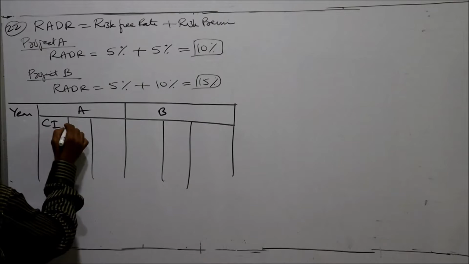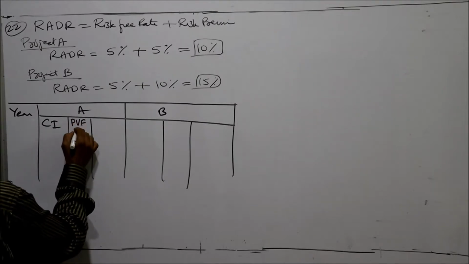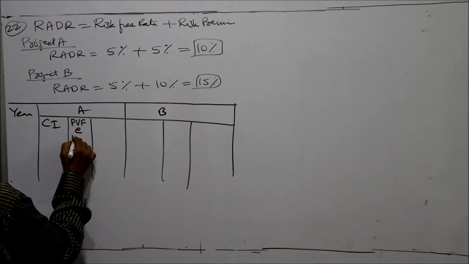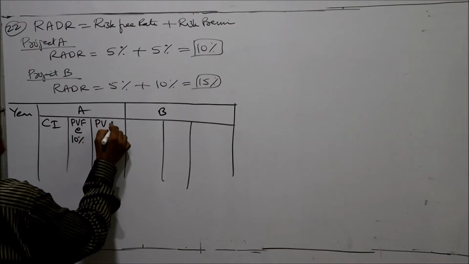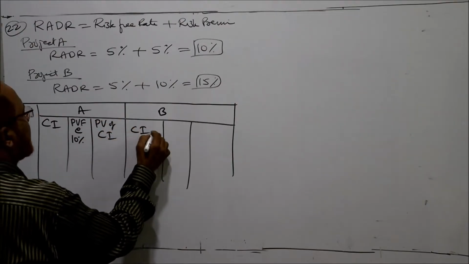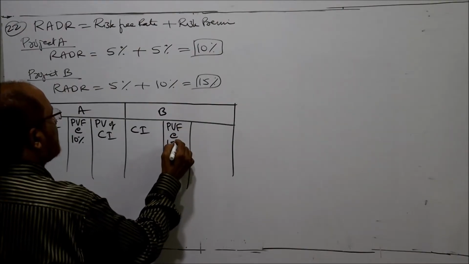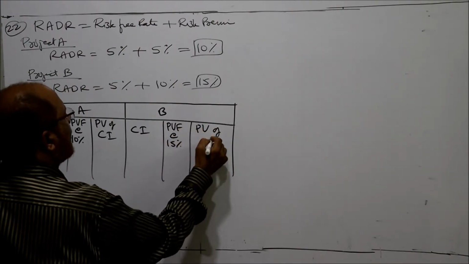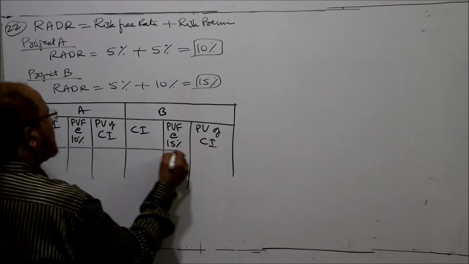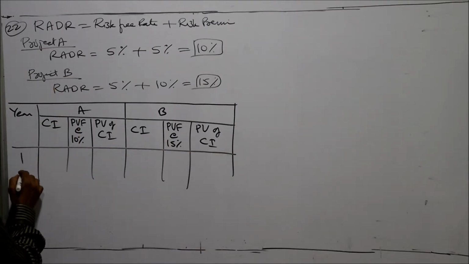A project cash inflows, PV factors at the rate of 10%, PV of cash inflows. Similarly, cash inflows, PV factors at the rate of 15%, PV of cash inflows. 3 years data is given: 1, 2, 3.